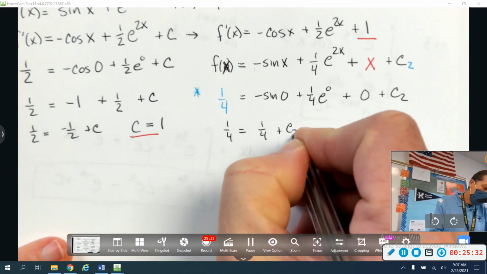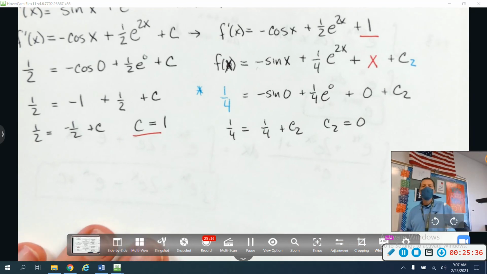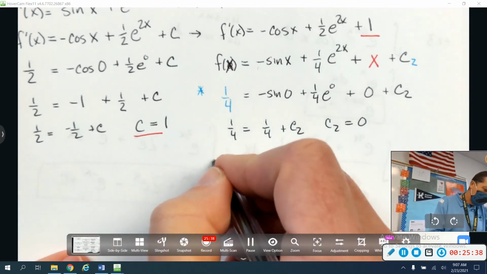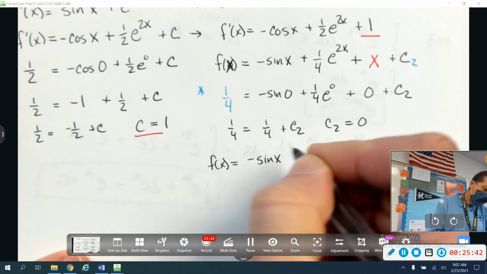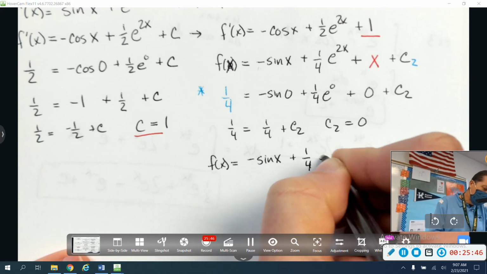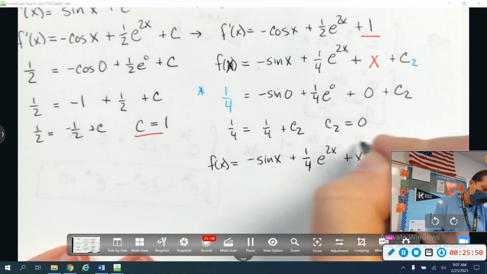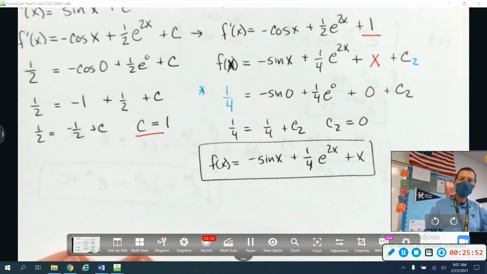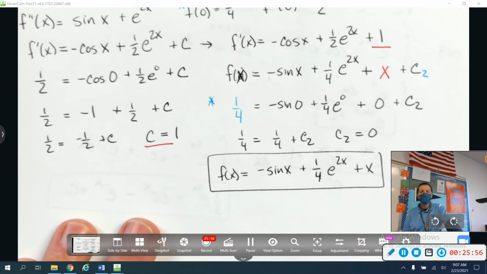So C2 is 0. So my final answer. Trig, exponents, derivatives, antiderivatives, algebra, plugging stuff in, 2 different C's. A whole lot going on in that problem.